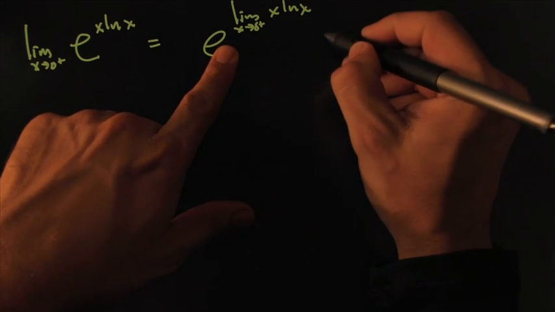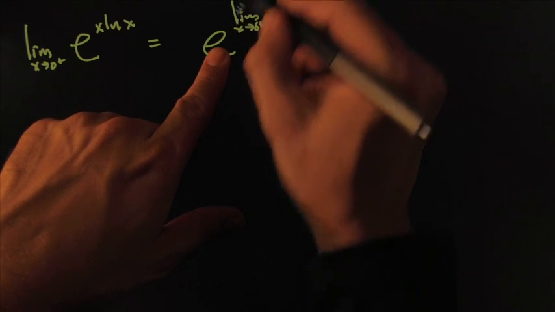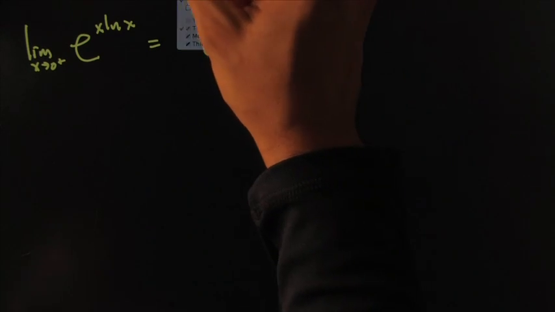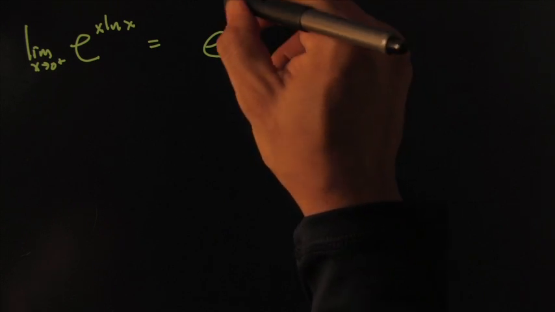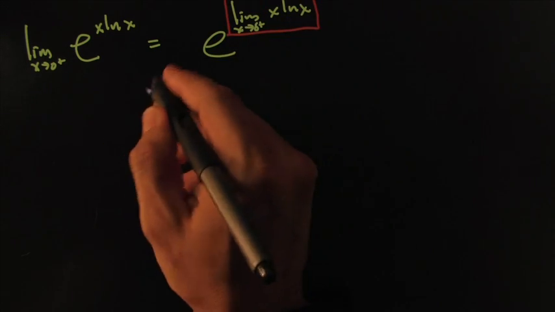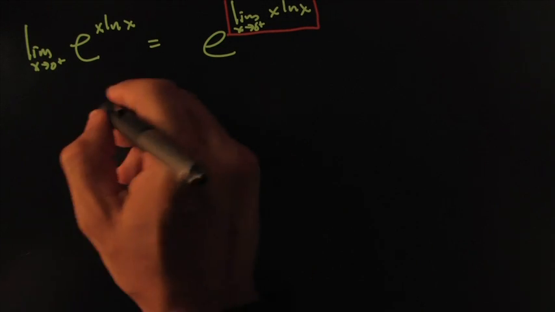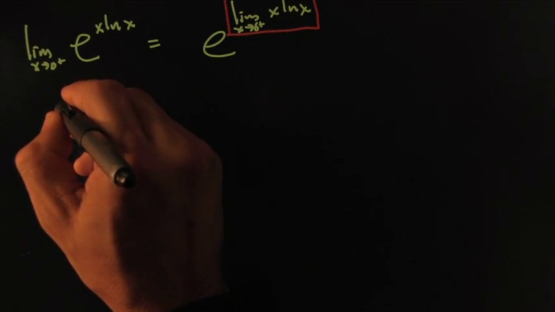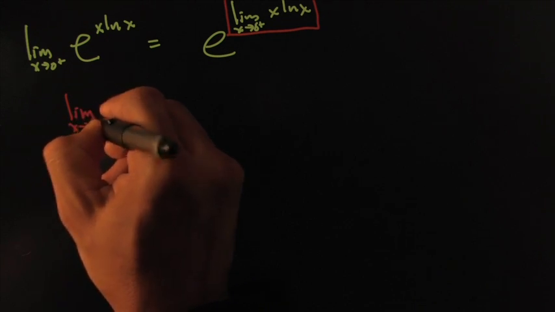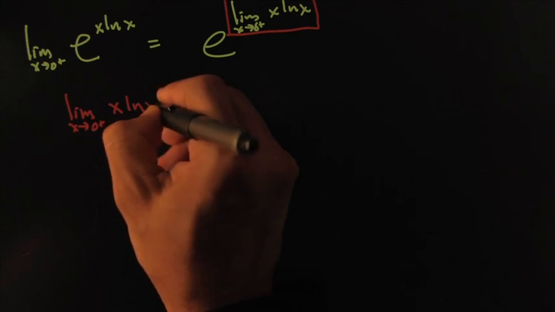Well, let me just focus on this piece for a little bit, if we may. Let's just do a little color shift here. We shall focus our attention just on this piece, and when we're done with that piece, we'll come back and feed it in there. Does that sound like a plan? So let me just do it here. The limit as x goes to 0 from the positive side of x ln of x.